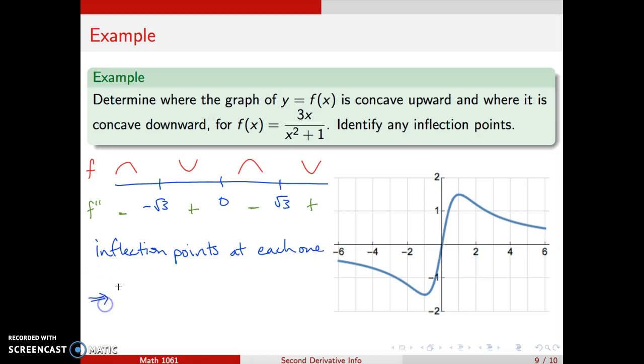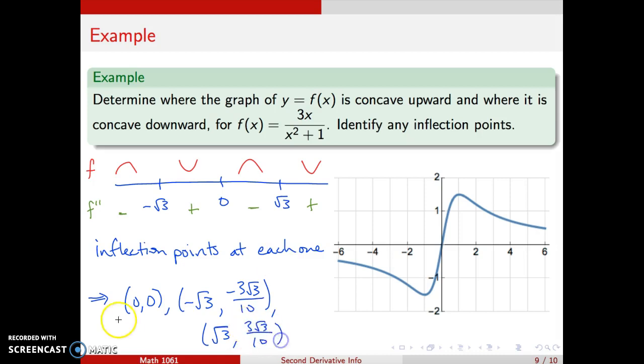And the inflection points are the ordered pairs. So at 0, it's going to be 0, 0. At negative square root of 3, negative square root of 3 squared is 3, so plus 1 is 4. Hmm, so negative 3 square root of 3 over 10. And then positive square root of 3 gives 3 square root of 3 over 10.